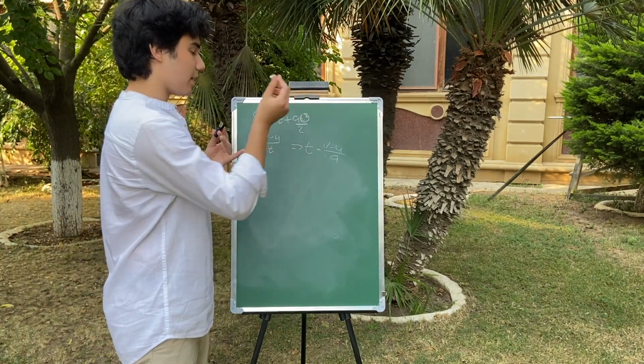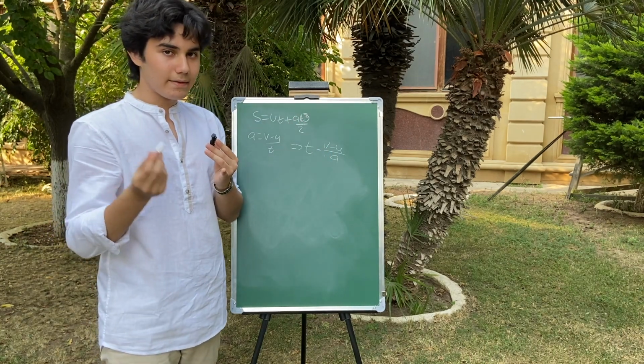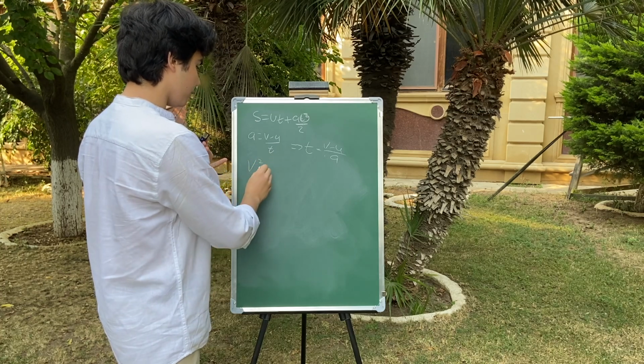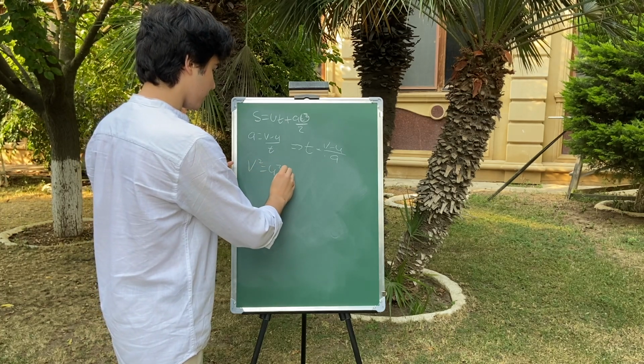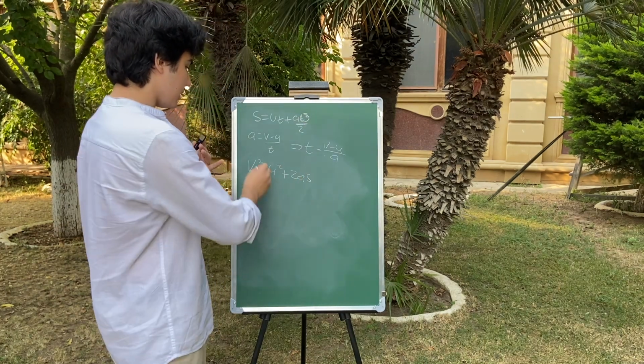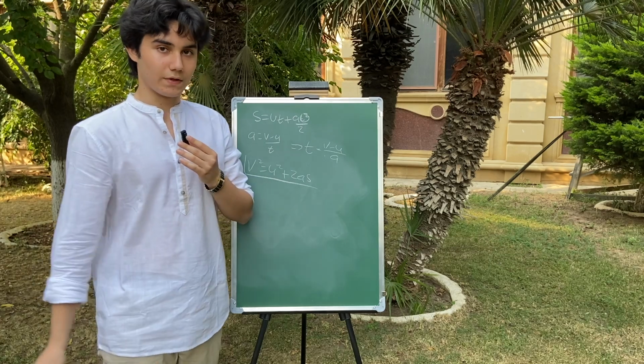I'm going to leave this part to you. Replace the t in here with this t, and then you should be ending up with something like this. You're going to get v squared is equal to u squared plus 2as. This is our last kinematics equation that we're going to be using in this course.